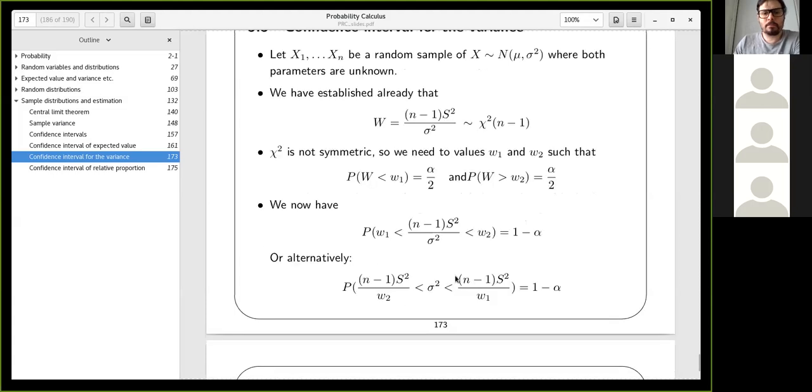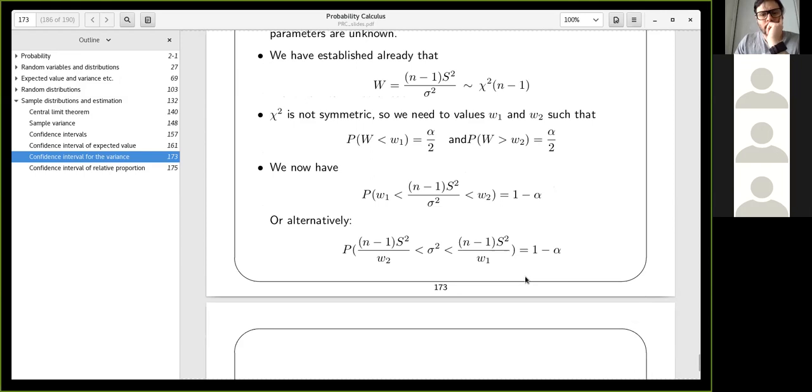Now we notice that if we solve this for sigma squared in the middle, then sigma squared is between n minus 1 s squared over W2 and n minus 1 s squared over W1. So here we're dividing by these unknowns instead of multiplying like in the other confidence interval.